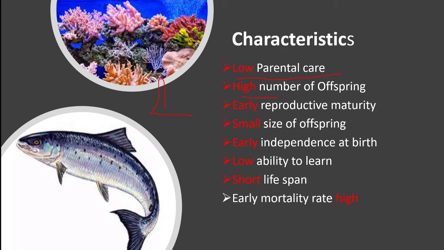The size of the offspring is very small. Early independence at birth, low ability to learn, short lifespan, and early mortality rate is high. That is, the early death rate is very high. Another characteristic is that maybe they breed only once or twice in their lifetime or lifespan.